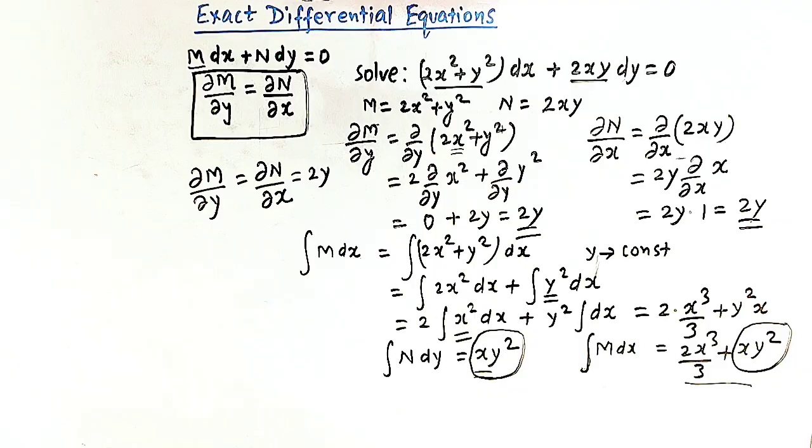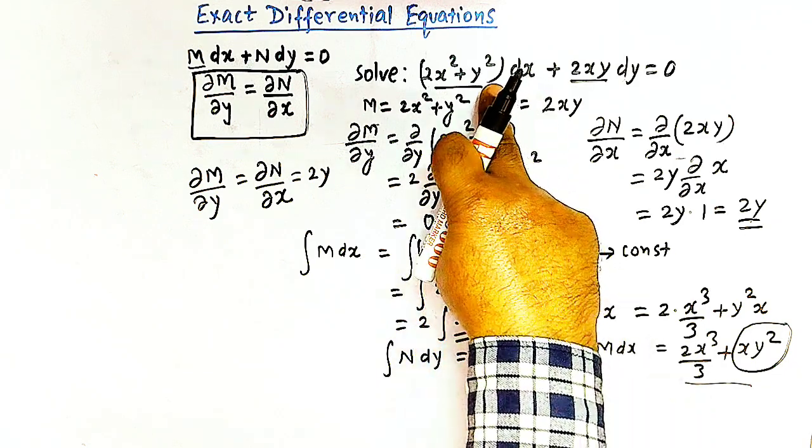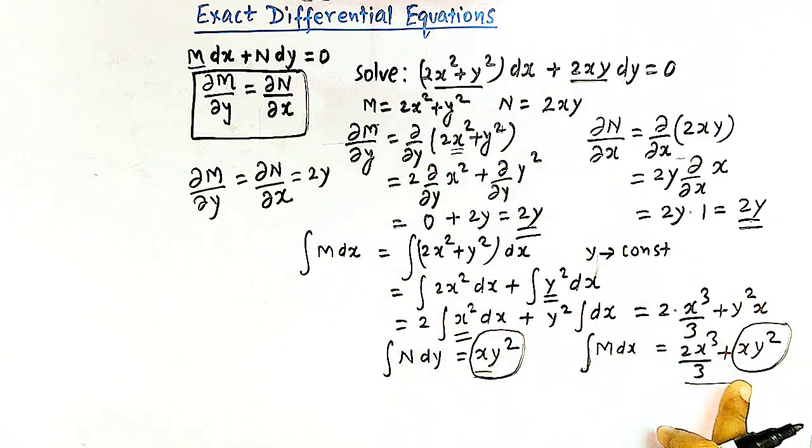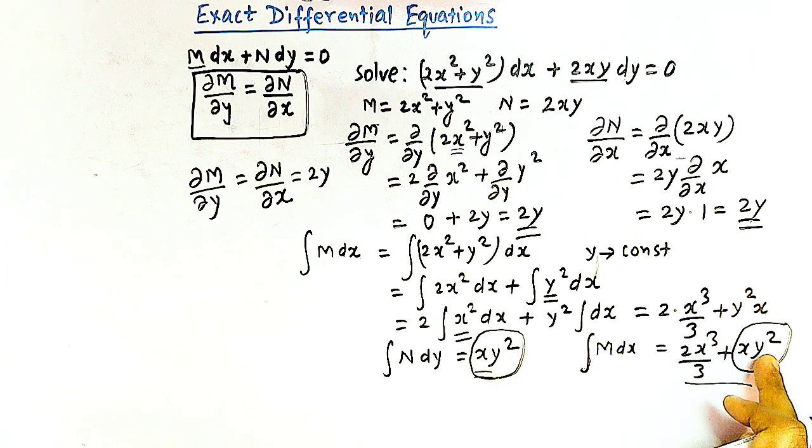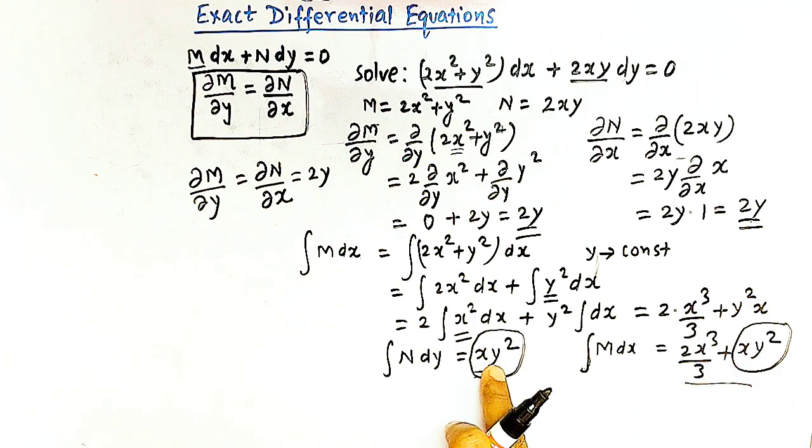So to write the general solution of this differential equation, we will add these two expressions, but taking xy square, that is this term, only once, right? Because here xy square, this term is repeating, so we'll take this term only once.